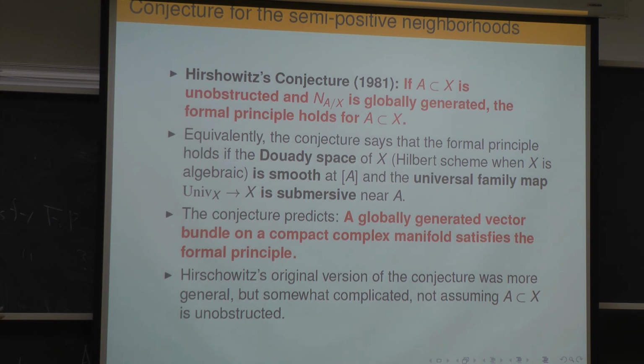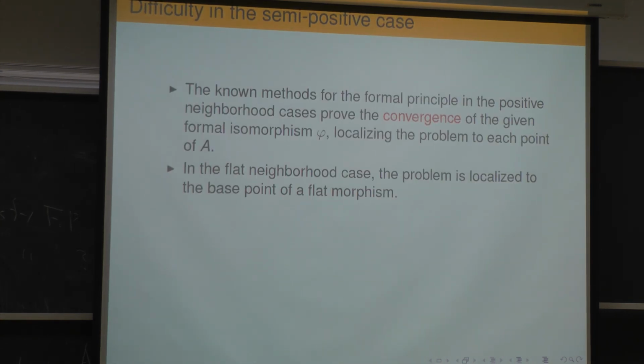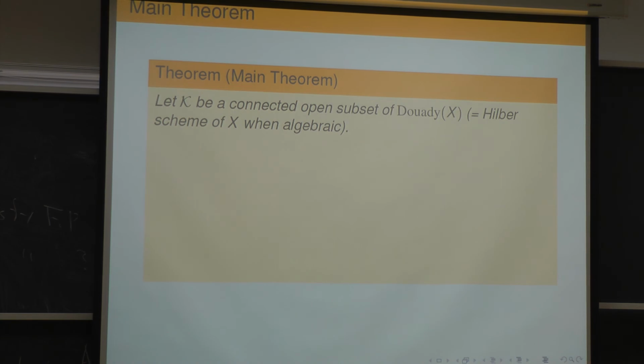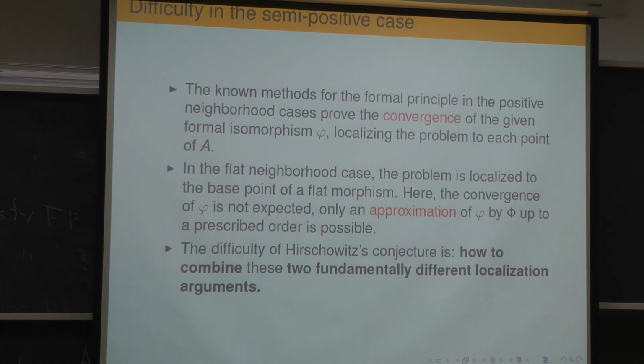What Hirschowitz formulated is a version of to what extent you can combine two formal principles together. And the difficulty is that the nature of the method is very different. In the positive case, it's convergence. In the flat case, it's just approximation. So it's very difficult to combine these two fundamentally different approaches. So that was the difficulty.